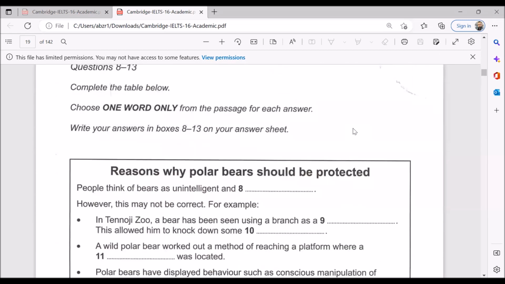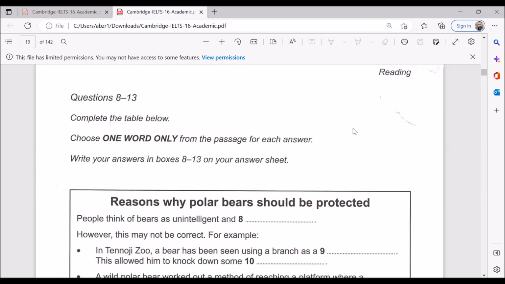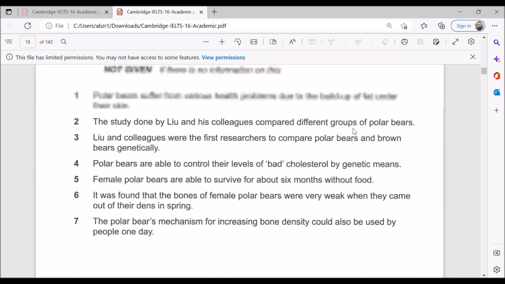Let's read out statement number 1, which is people think of bears as unintelligent and dash. Now, if you remember, when we were solving the true, false, and not given questions, it was more about their physical abilities, their fat, obesity, bones. They were talking about that. They were not talking about intelligence or things like that, or even Tennoji Zoo. The Tennoji Zoo is a very good example of understanding that they have moved on.